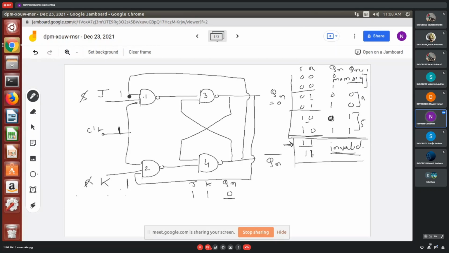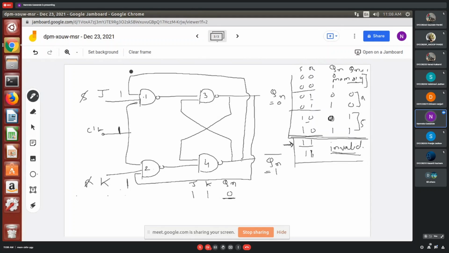Because I cannot find out the output of the inverter. If it is 0, I can directly find out, right? Because all are ones, two inputs we know, but the third input we don't know. That is coming from Qn bar. So I'm assuming the present state is 0, in that case, what will be the Qn bar? That will be 1. So now this is connecting to this.